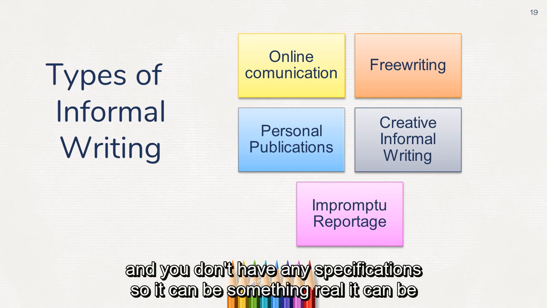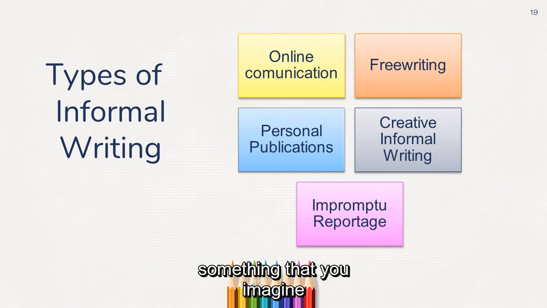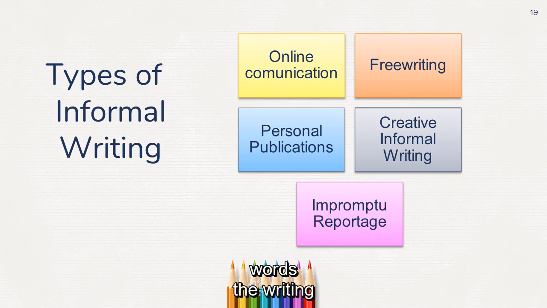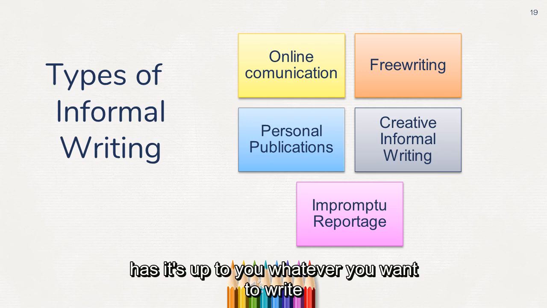So it can be something real, it can be something that you imagine. It doesn't matter how many words the writing has. It's up to you, whatever you want to write.